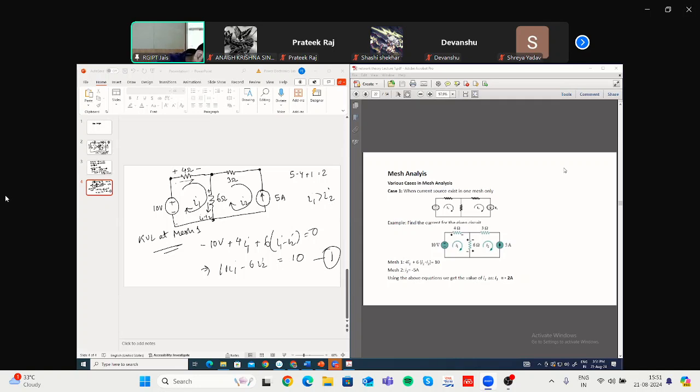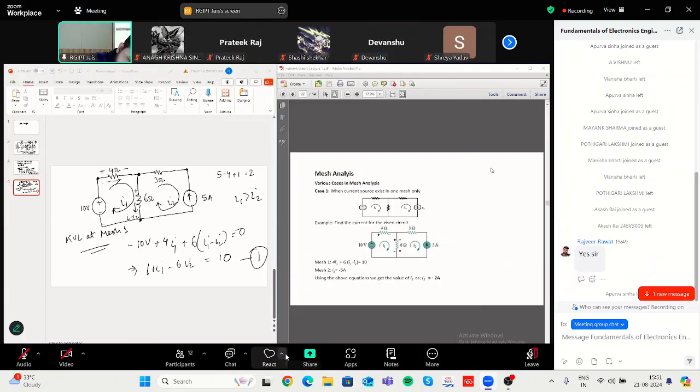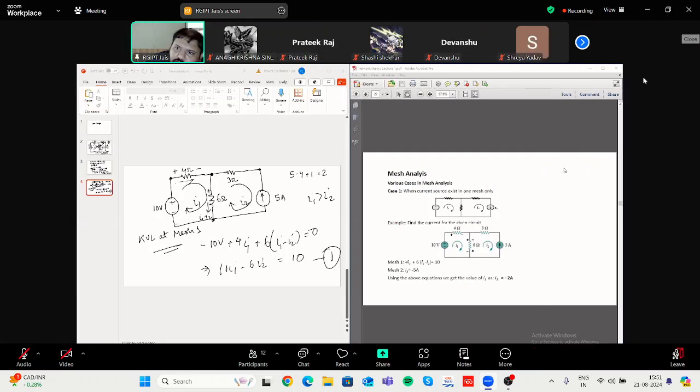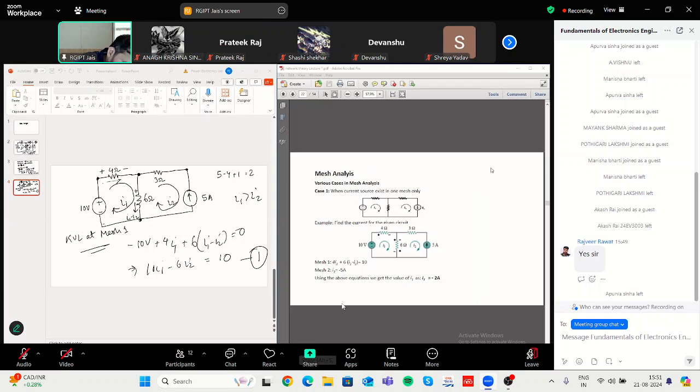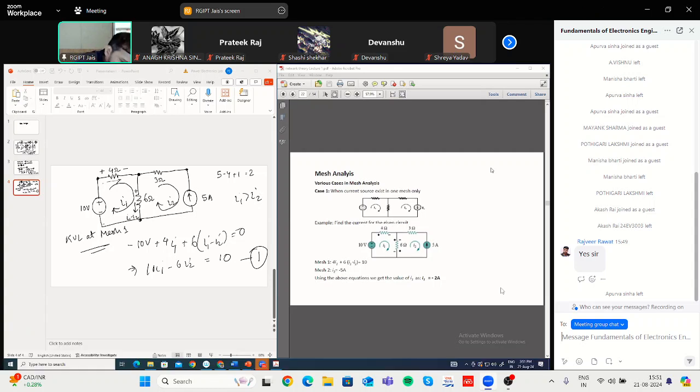Mayank Sharma is present. So today is 21/8. Abhijit Biswas is present. Akash Rai is present. Anand Krishna Singh is present. Areen Agarwal. Devanshu.